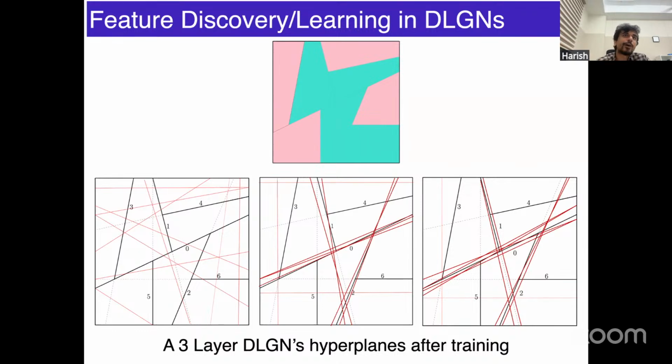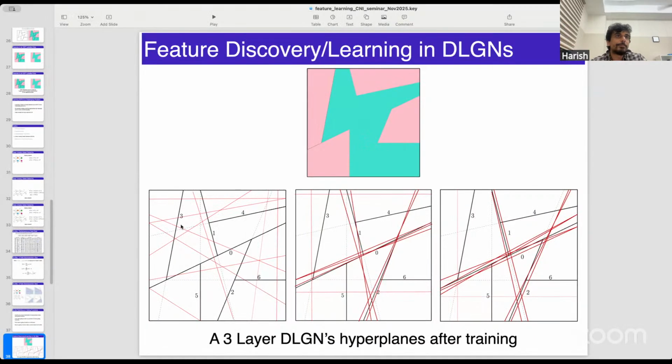So here's an example of how it might happen. Let's say you train your DLGN on the data on the top. When you initialize, your DLGN hyperplanes are close to random. That's given by the bottom left here. By the end of training, however, the hyperplanes of the DLGN align with the hyperplanes of the decision tree.